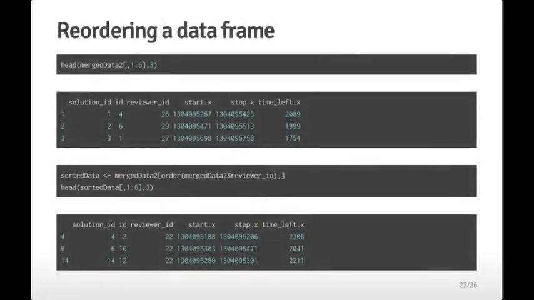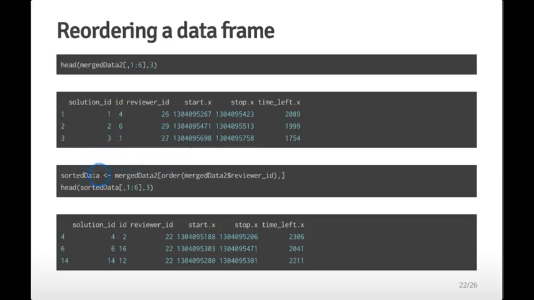But what's even more useful is you might be able to reorder a data frame by a particular variable if you want to. So remember, we're looking at this merged data set, and if we look at just the first 6 columns in the first 3 rows, so this is selecting the first 6 columns here, and this is selecting the first 3 rows, what we can see is that this data set is not ordered by, say, the reviewer ID, and maybe we'd like to reorder the data frame so that reviewer ID is in order.